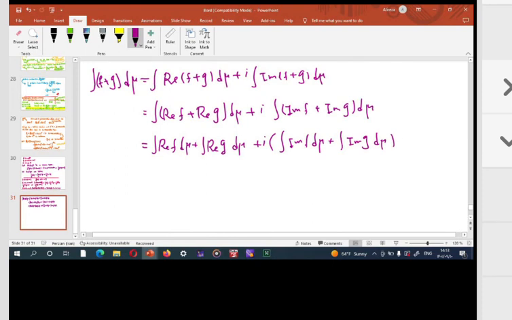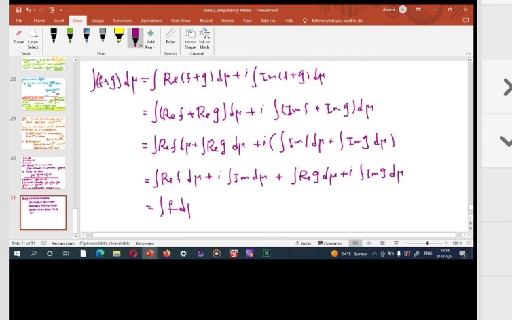And now we can write these two inside and these two, so that this is the integral of the real part d mu plus i times the imaginary part d mu, plus this and this, the integral of the real part of g d mu plus i times the imaginary part of g d mu, and this is equal to the integral of f d mu plus the integral of g d mu.